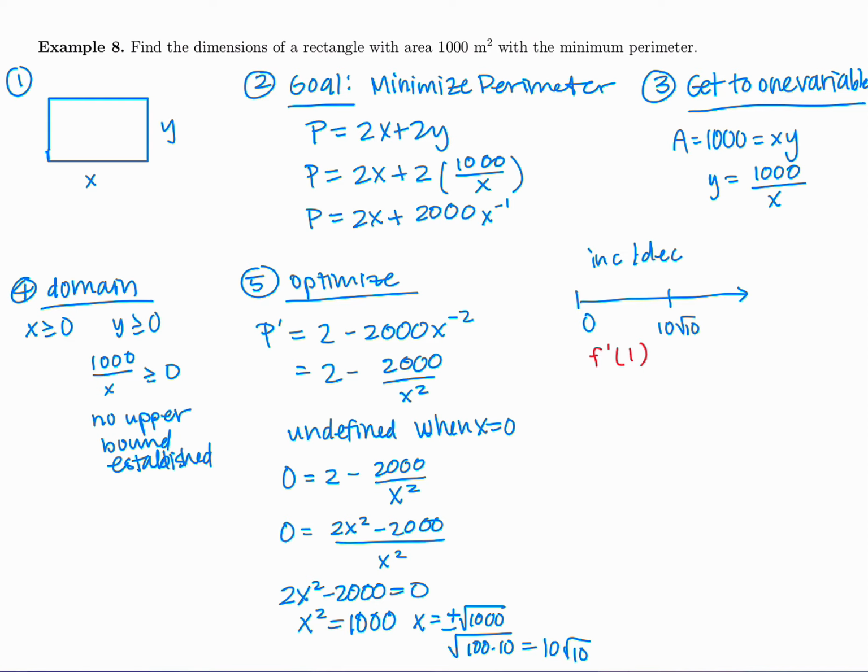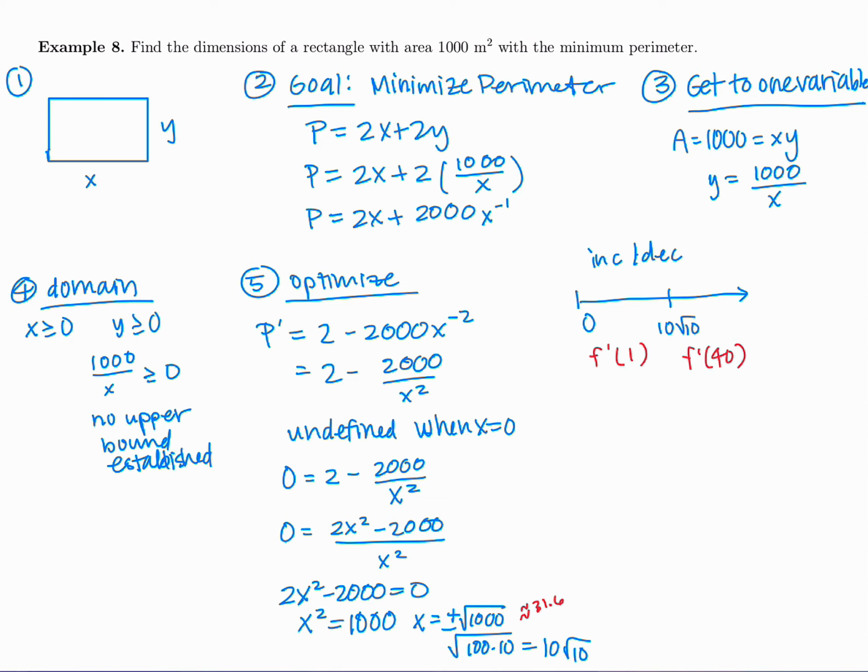I know it's going to be bigger than the square root of 900, which is 30, right? So square root of 1,000 is like 31.6, just as an estimate. So I'm just going to plug in maybe f prime of 40. That's a nice round number I could plug in.